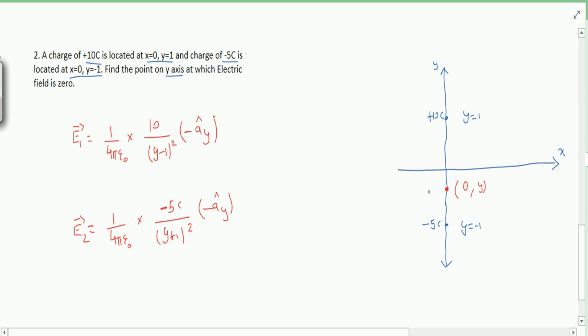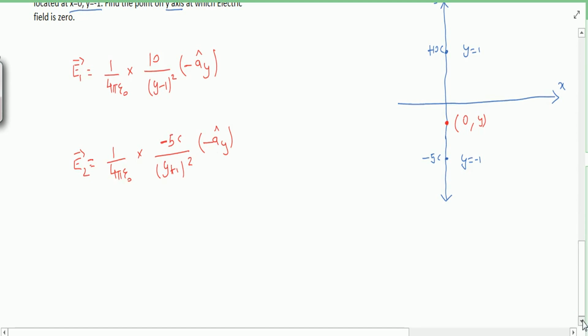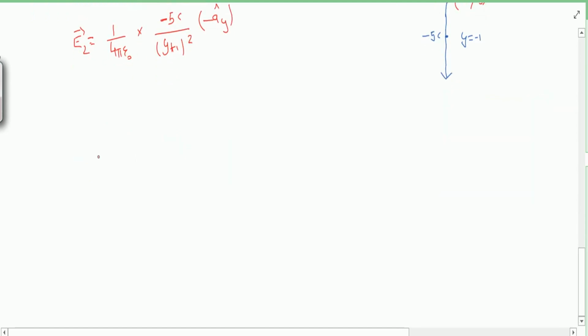Since we are taking the electric field at this point as 0, E1 plus E2 equals 0.